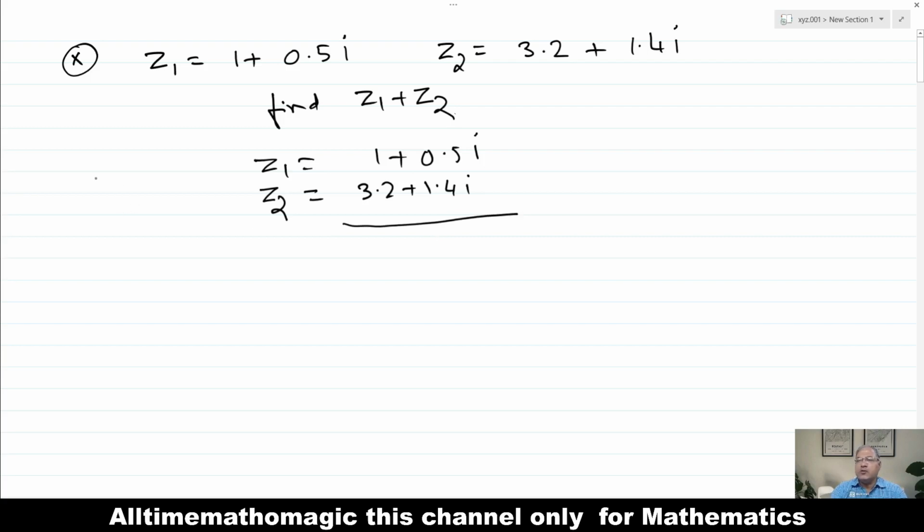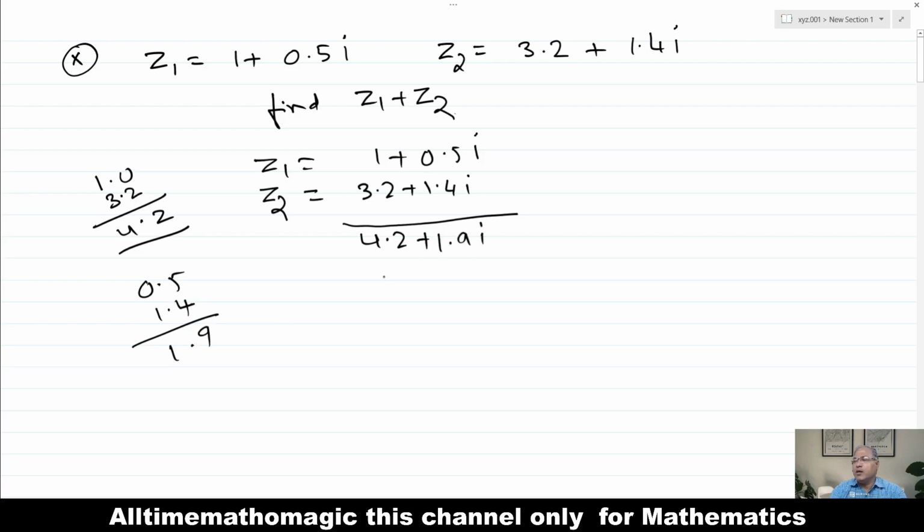Then we add as usual, that is 1.0 plus 3.2, that is 4.2, and 0.5 plus 1.4, that is 1.9i. Therefore Z1 plus Z2 equals 4.2 plus 1.9i. This way we can add two complex numbers even when decimal parts are present.